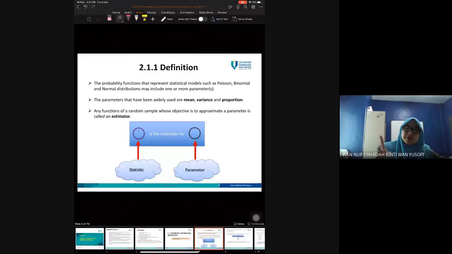The process to find the confidence interval is an estimation process. In that process we use the estimator. The estimator is a sample value, such as sample mean, sample variance, sample standard deviation, or sample proportion, in order to estimate the parameter value. I hope that you can differentiate the terms estimator, estimate, and also estimation.